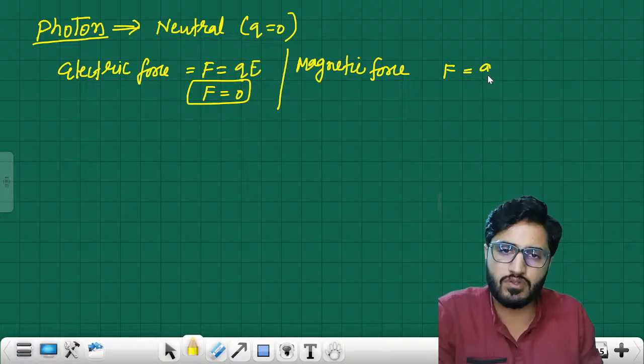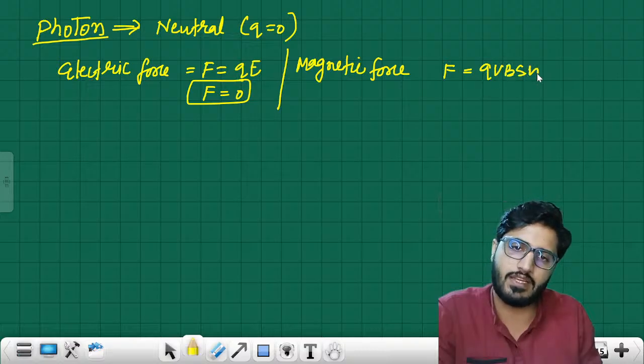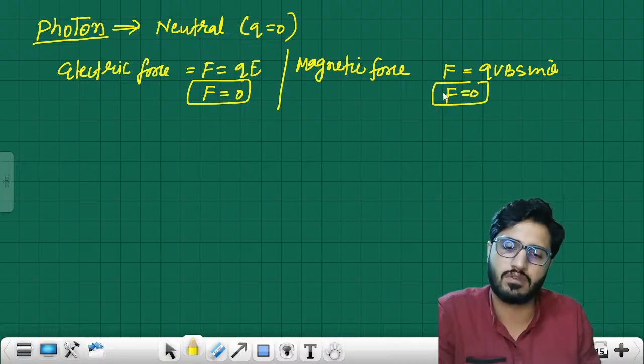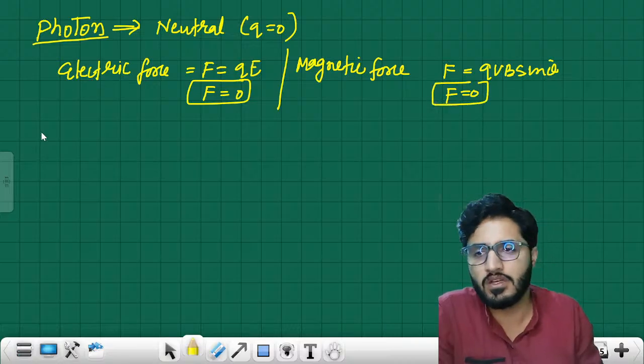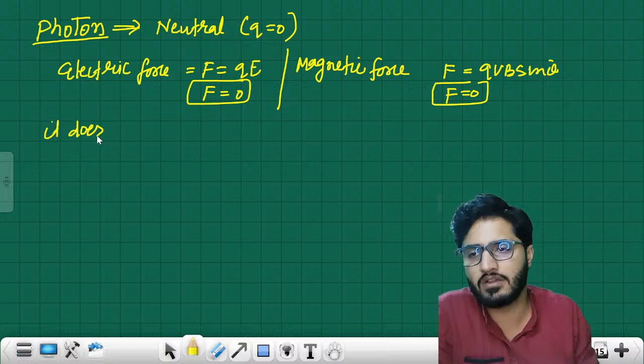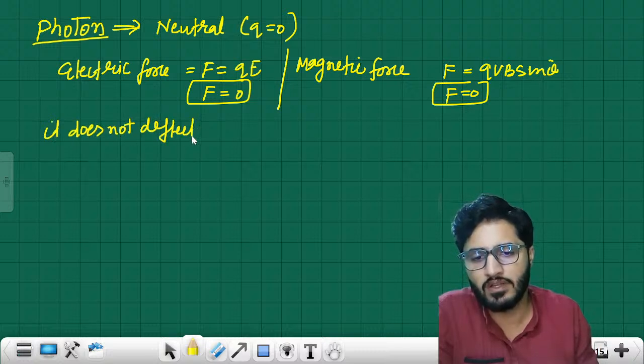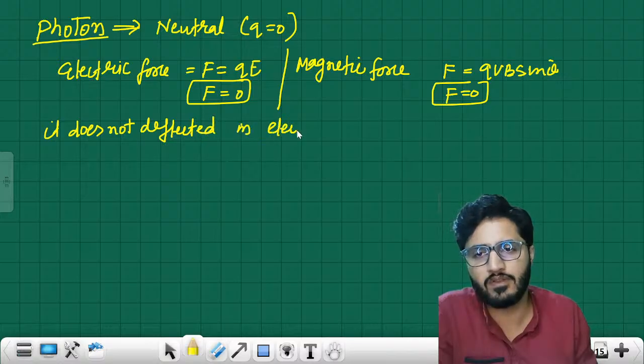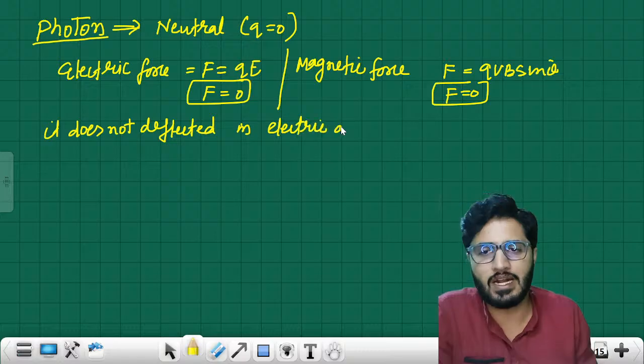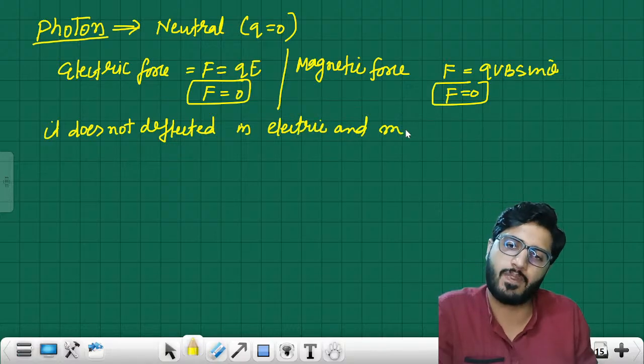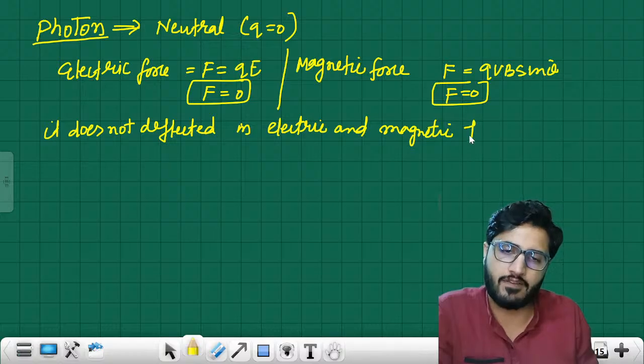F equals QVB sine theta, so F equals 0. I can write here that it is not deflected in electric and magnetic fields.